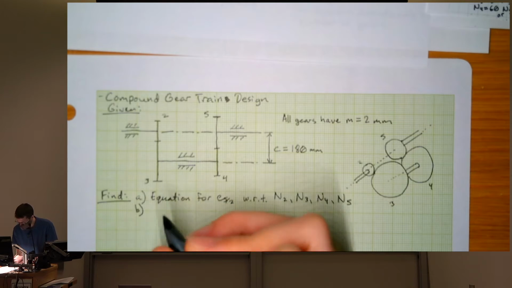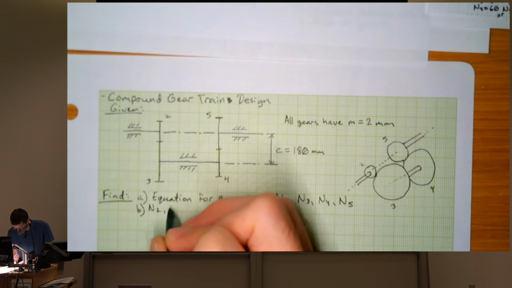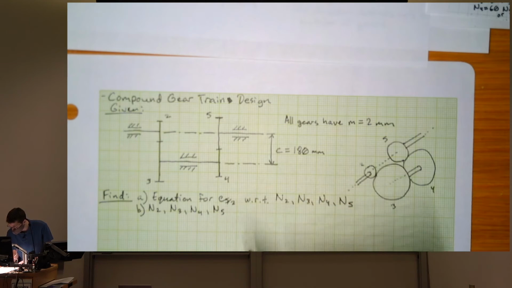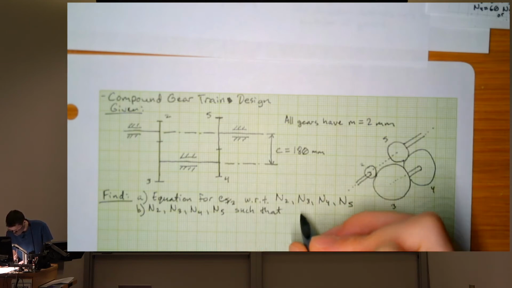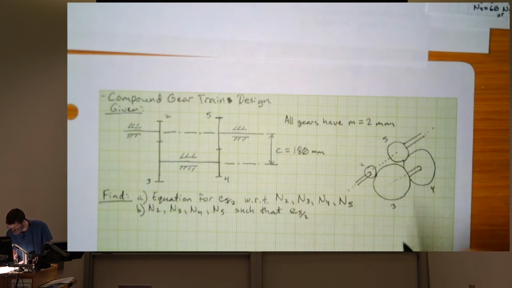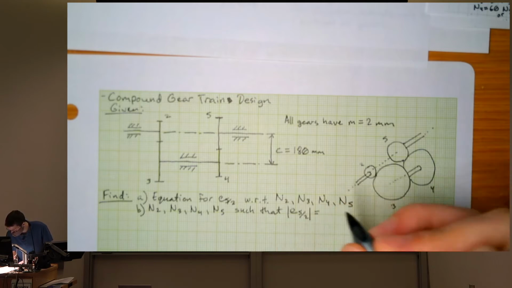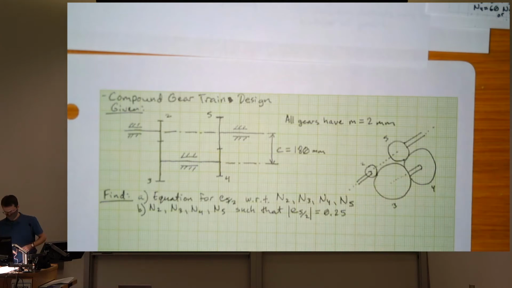And the second thing we're going to be asked to do is actually design the problem. So we're going to be asked to find N2, N3, N4, and N5 such that the magnitude of our input-output speed ratio is equal to 0.25.